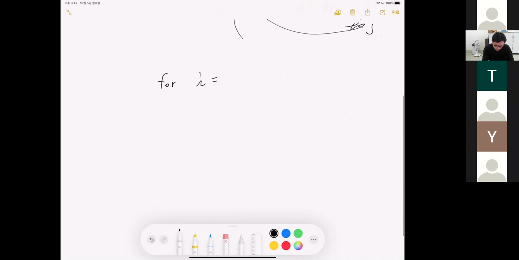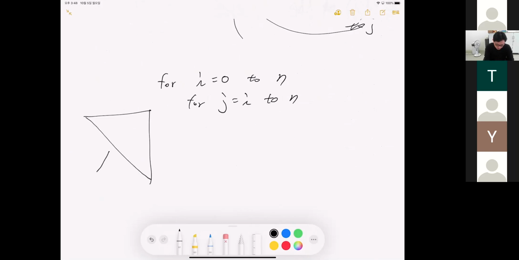For i from 0 to n, for j from i to n. Why is this possible? Because I don't need to be here, I only need to start from here. Then from i I only need to scan those, which reduces half of the computation.